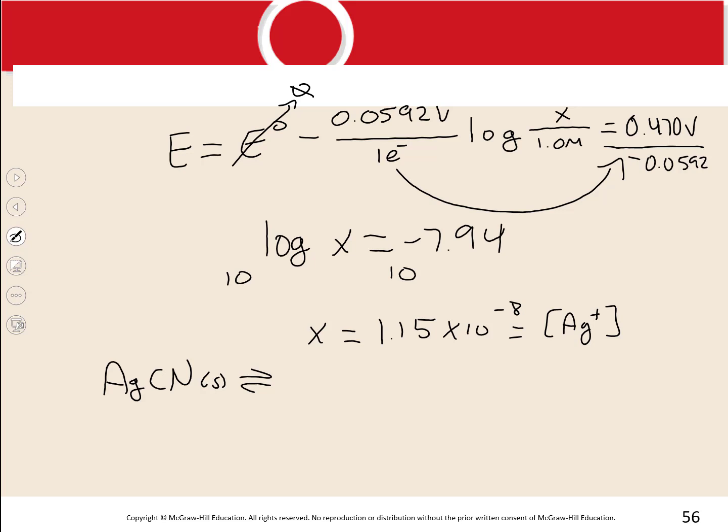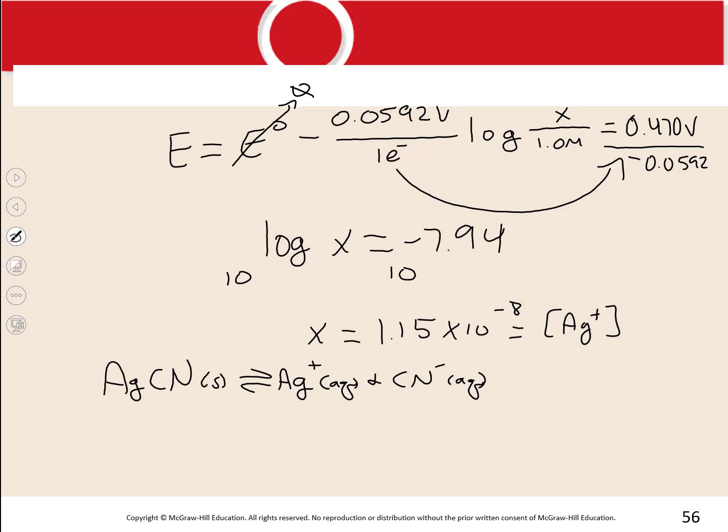There's no H there. It would just be Ag, cyanide. So Ag with what charge? Plus, and then that's aqueous. And then what's the second product? CN with what charge? Minus. And that's also aqueous. So that's the cyanide ion.